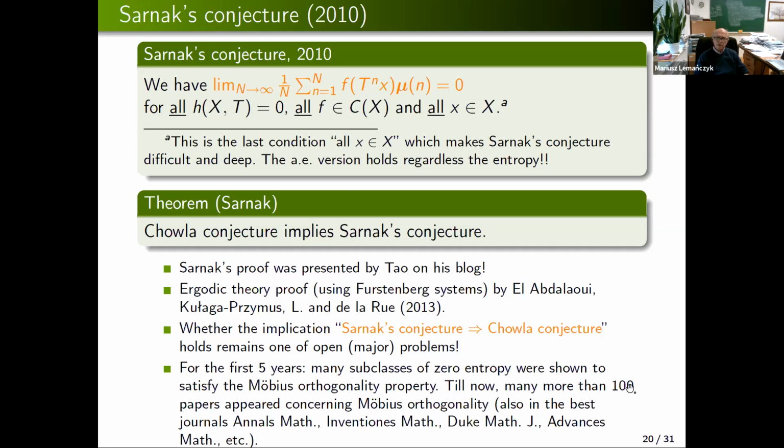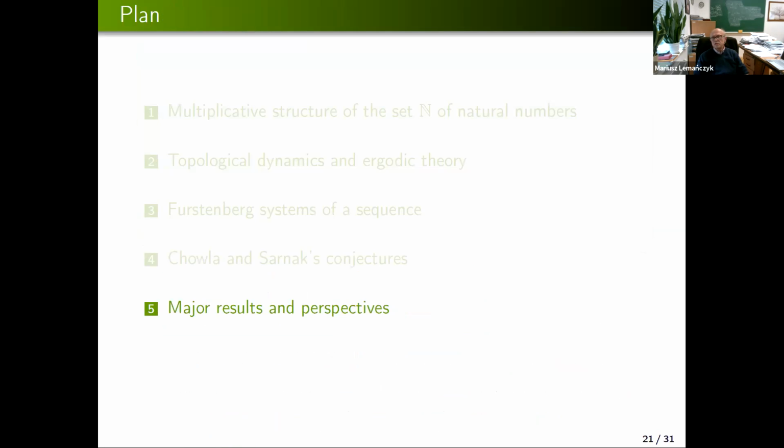When we were writing the first survey on that subject, I think that we had on the list more than 100 papers dealing with this problem, and they appeared in absolutely top level journals like Annals, Inventiones, Duke, and some others. Well, anyway, there was this activity, but of course, how long can you keep confirming a conjecture without really moving forward.